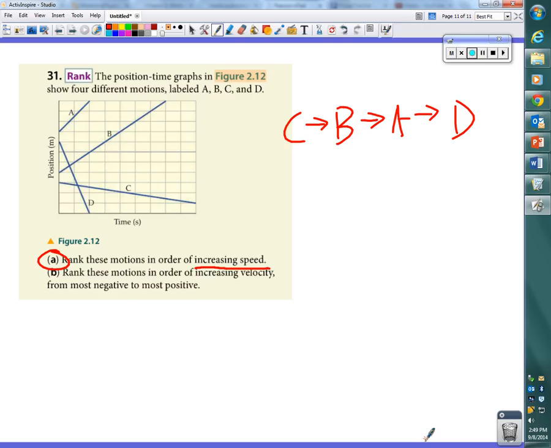That has multiple choice test question written all over it. Which of these four objects is going the fastest? Speed doesn't matter which direction it's going, just the slope of the line.